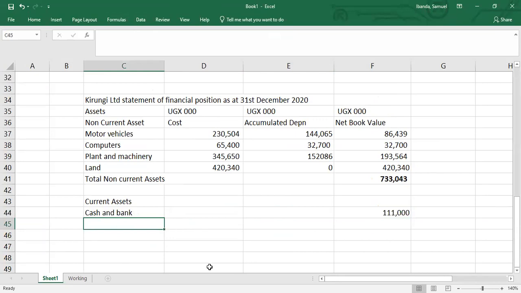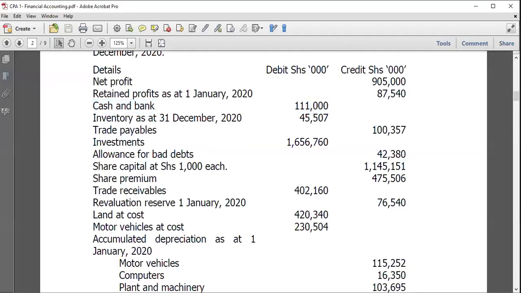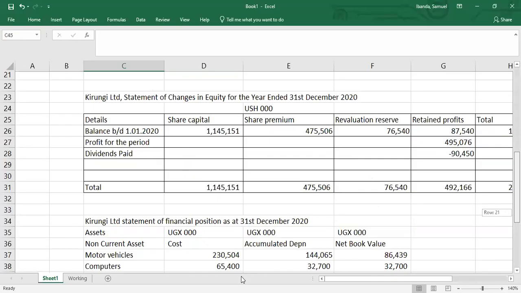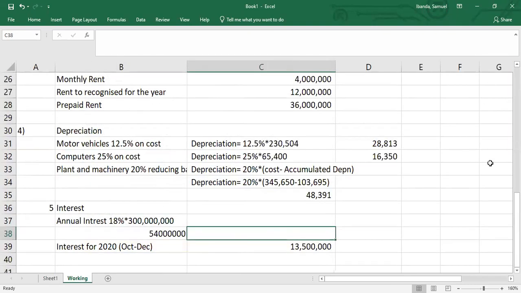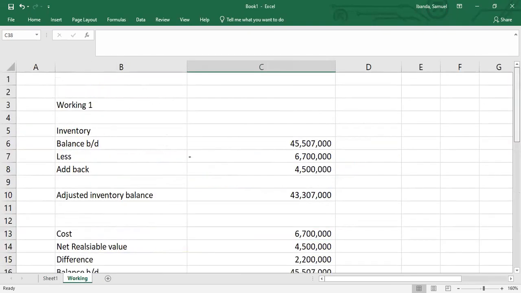And then the next thing that I'll do is go for inventory. Now inventory is 45507. But remember, this inventory had an adjustment. Remember what we adjusted with inventory at the start of this question. We said that our inventory had lost value and its current value was now adjusted to 43,307.